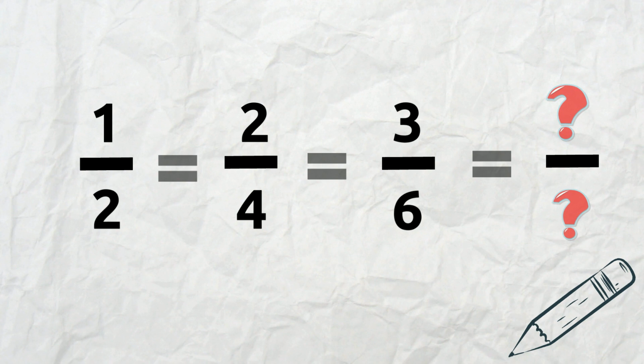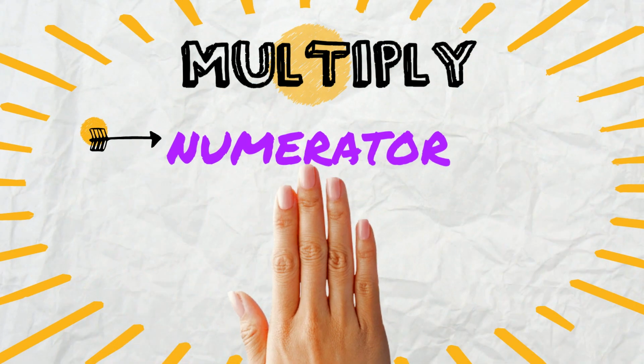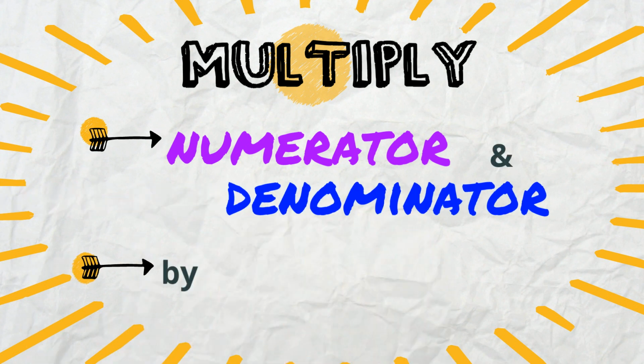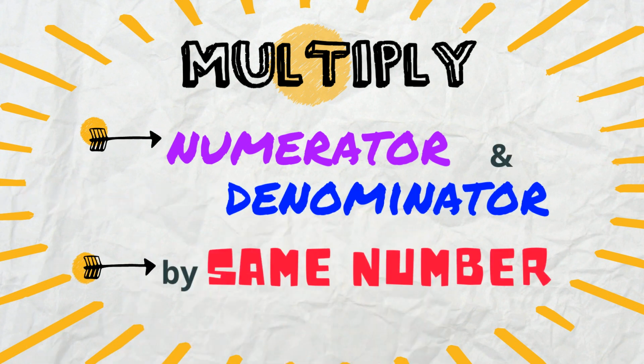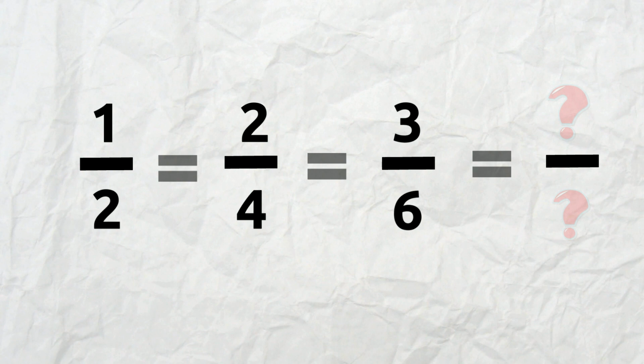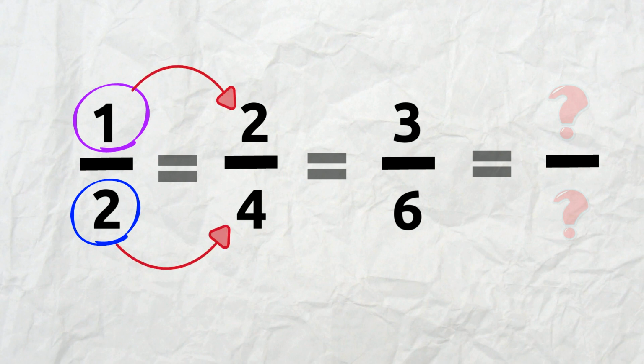Have you found the answer? To find equivalent fractions, we multiply the numerator and denominator by the same number. We have found 2/4 by multiplying the numerator and denominator by 2.